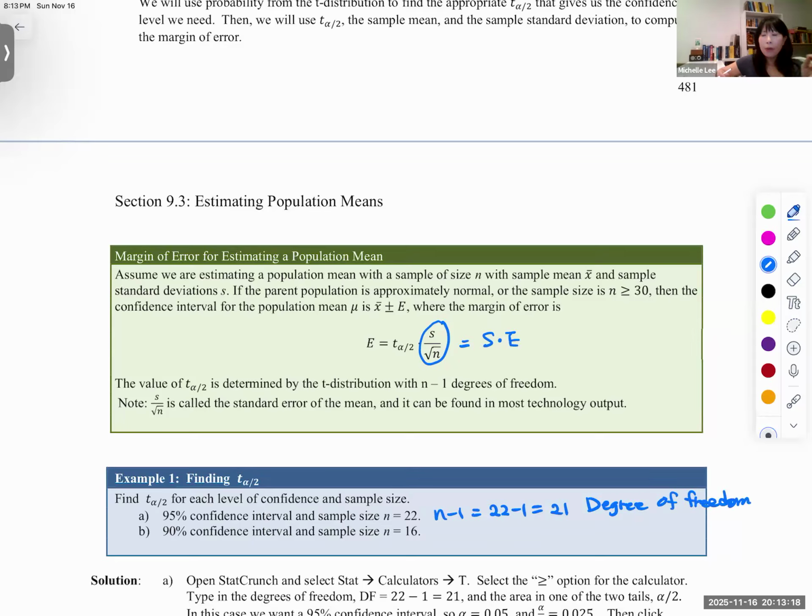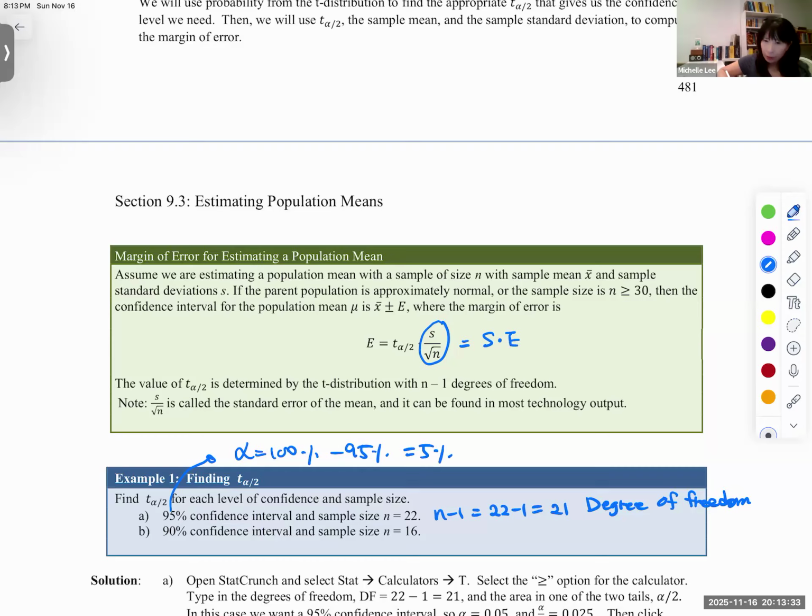All right, so alpha over 2, how do we find it? So alpha is equal to 100% minus 95%, so 5%, right?